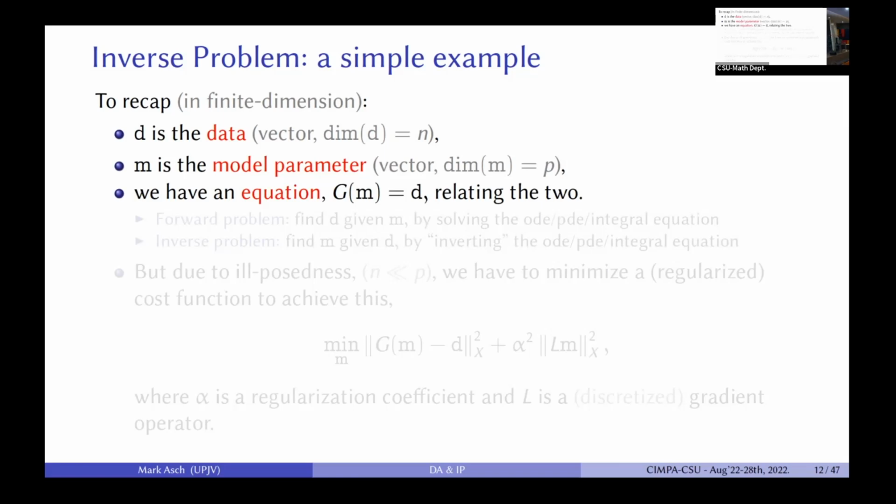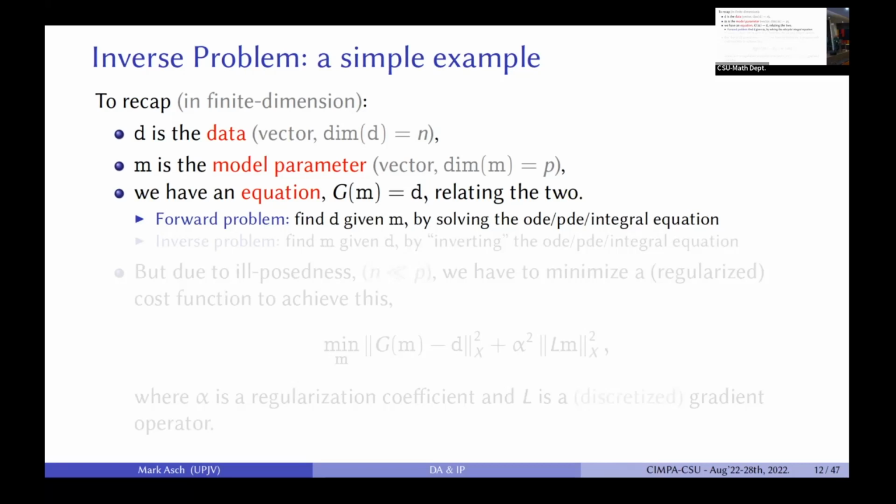If I give you the model parameters and you know g, then you can calculate d. Recall, it's important to fix this in your heads: the forward problem. I give you m and I want you to find d, so you just apply g to m. If it's a matrix, you multiply g by m and find d.